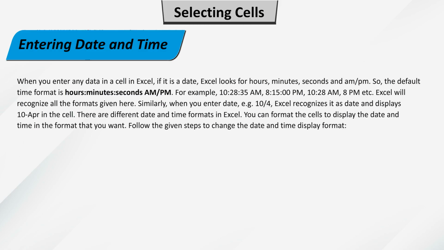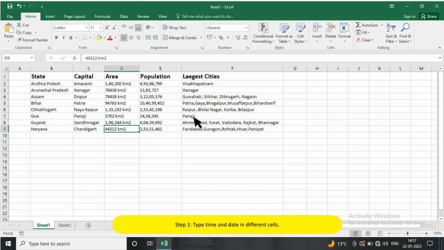There are different date and time formats in Excel. You can format the cells to display the date and time in the format that you want. Follow the given steps to change the date and time display format. Step 1. Type time and date in different cells. Step 2.